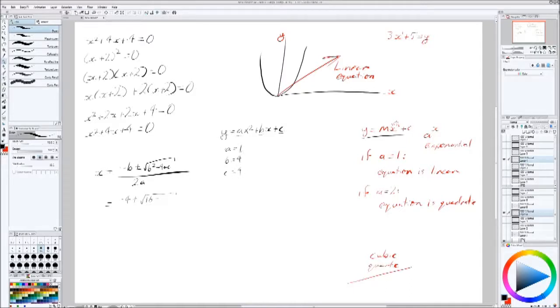Now a is 1, c is 4, therefore 1 times 4 is 4, so 4 times 4 is 16. So it actually all cancels out. And then we have 2 times 1. So it ends up being negative 4 over 2, which means that x equals negative 2.